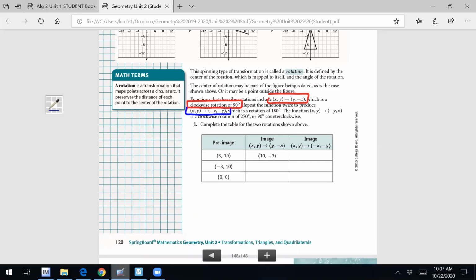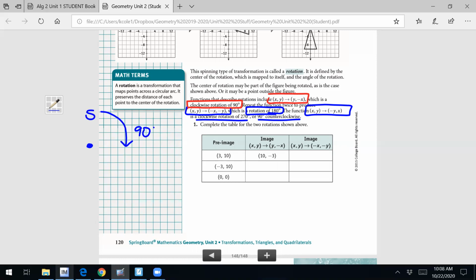So your x and your y end up being in the right spot, but they're both opposite sides. That's for 180. And then this is for 270 clockwise or 90 degrees counterclockwise. Okay, because if you're thinking about a clock, and if this is my starting spot, and I go 90 degrees clockwise, I'd be going there, okay?